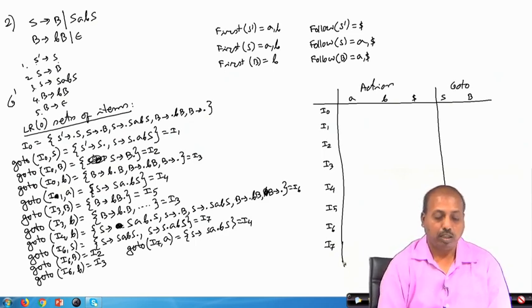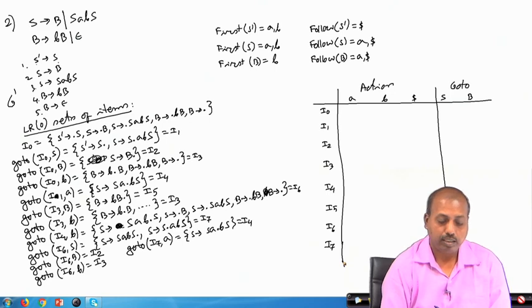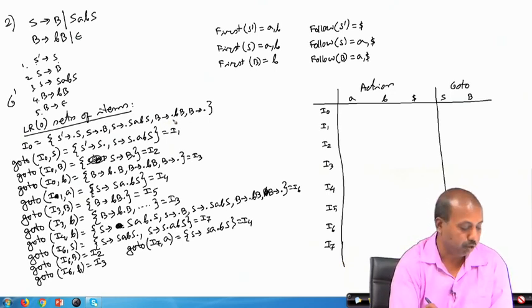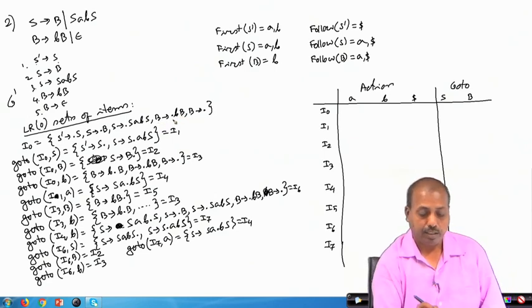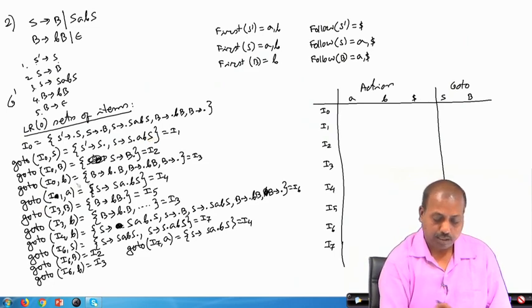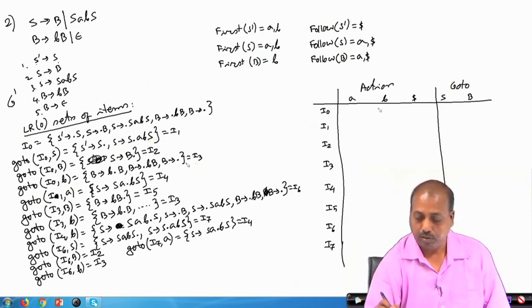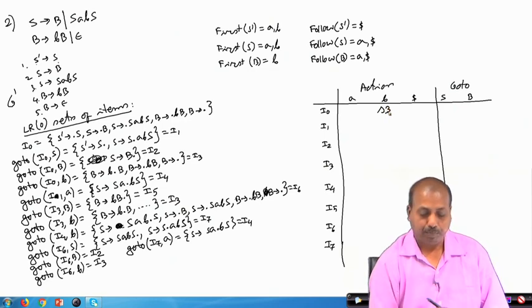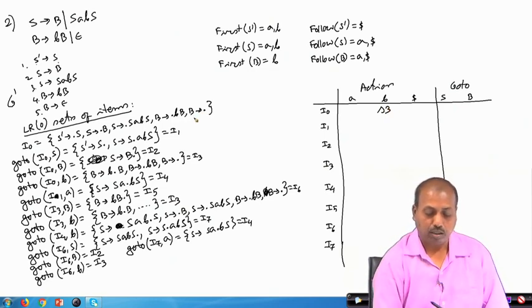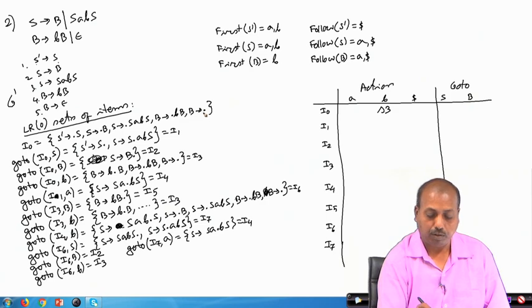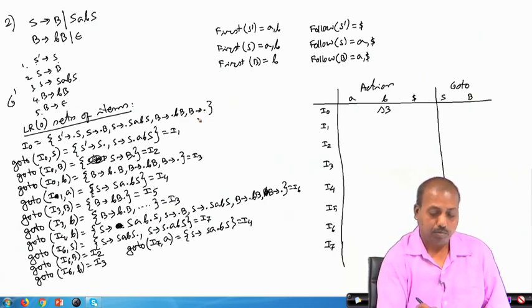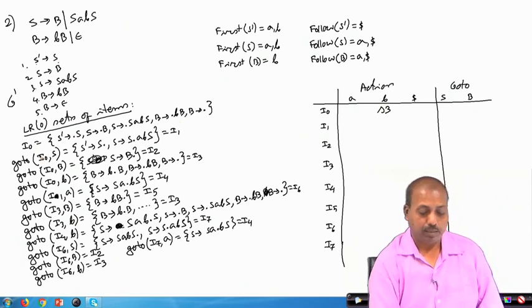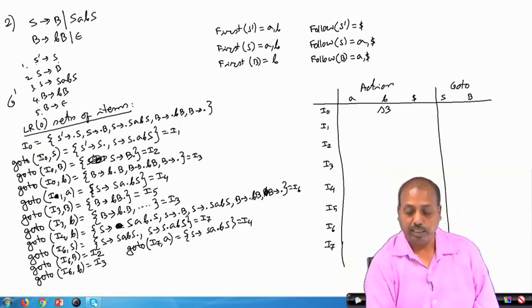Now, I have to look into I 0. There is a rule like B producing dot b. So, this says that I have to go by shift, and I 0 on small b is I 3, so this should be shift 3. And there is B producing dot epsilon, so whatever is in follow of B I have to add for this particular rule. Follow of B is a and dollar.